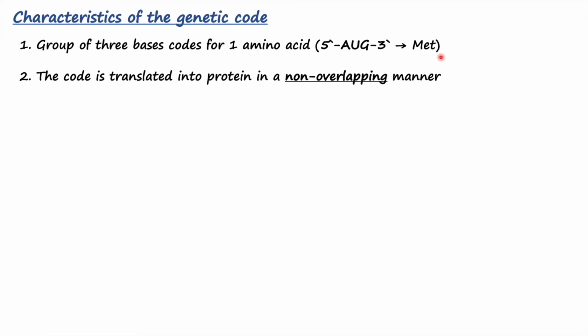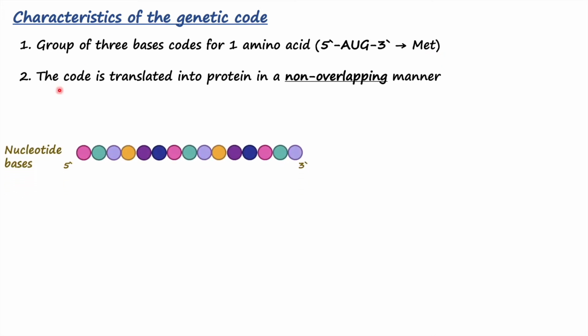And what I mean by that is, suppose here we have nucleotide bases, and these are from 5 prime to 3 prime end, and this is our first triplet, and suppose this is our second triplet. As you can see here, these two nucleotide bases are already overlapping between the first triplet and the second triplet.